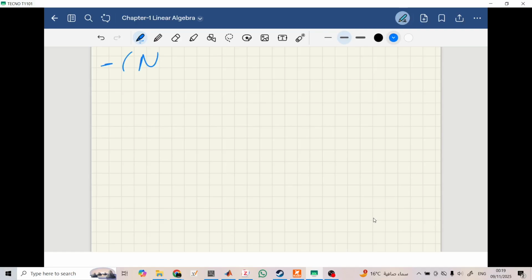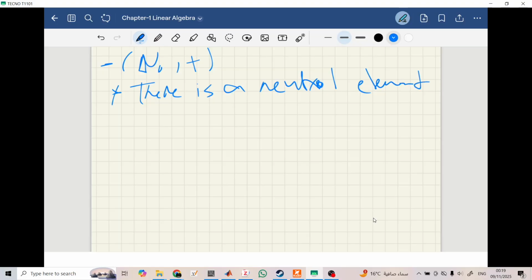So we have N and the addition, right? Now we solve the problem of the neutral element. There is a neutral element, which equals 0.